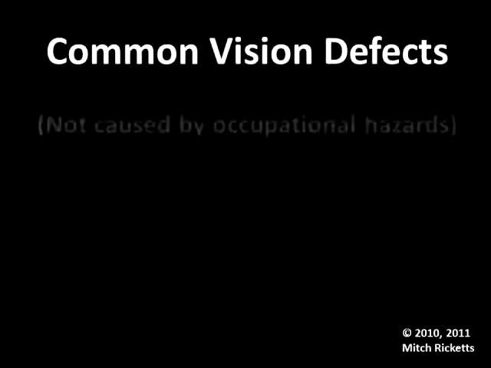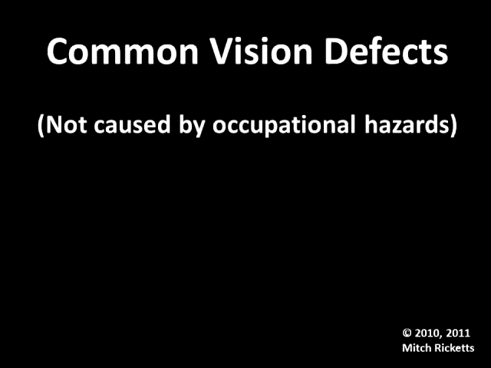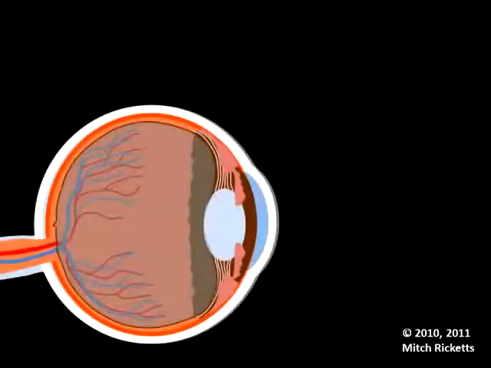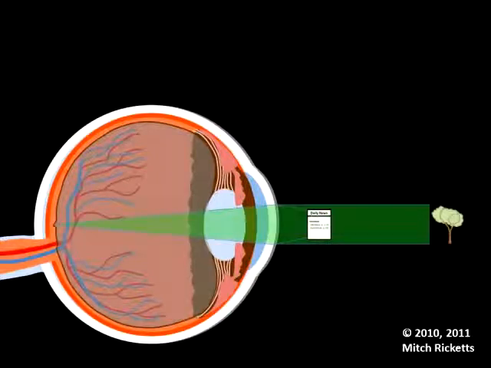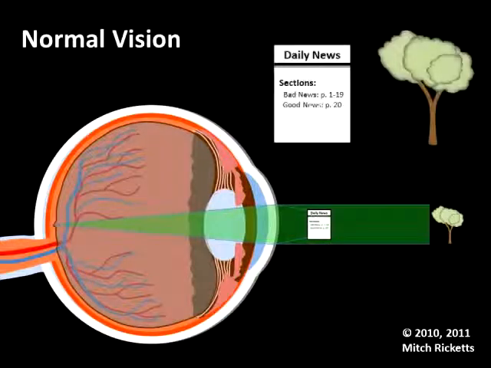Let's examine some common vision problems that are not caused by occupational hazards. Some vision problems are related to seeing clearly at various distances. A young person with normal vision has good acuity for both near and far objects.